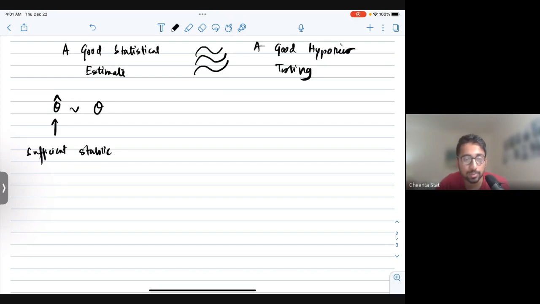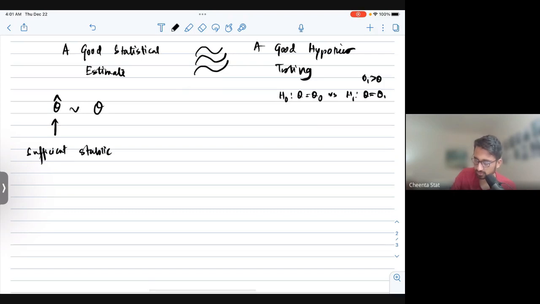And a good test of hypothesis is something like, let's say you're testing theta, a likelihood ratio test, or the Neyman-Pearson lemma. Let's say for theta equal to theta naught versus theta equal to theta one, greater than theta naught.